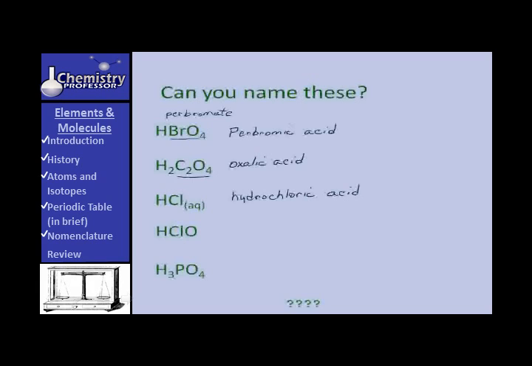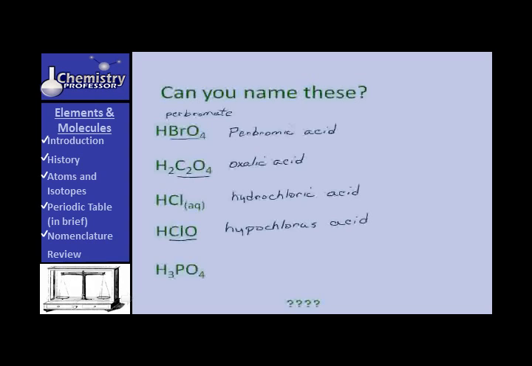This next one is very similar, but it's ternary instead of binary. And this radical is the hypochlorite radical. And as the hypochlorite radical, it's going to give us hypochlorous acid. Hypochlorous acid.